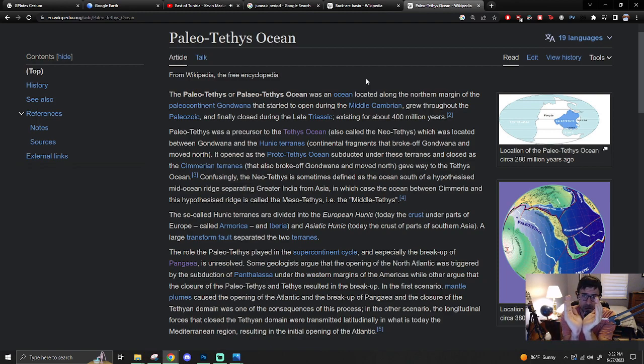Because the Tethys went basically at maybe a 90-degree angle relative to how the Pacific formed. Or even less than 90. Not sure what the relative angle of the Tethys would have been when the Earth was expanding.